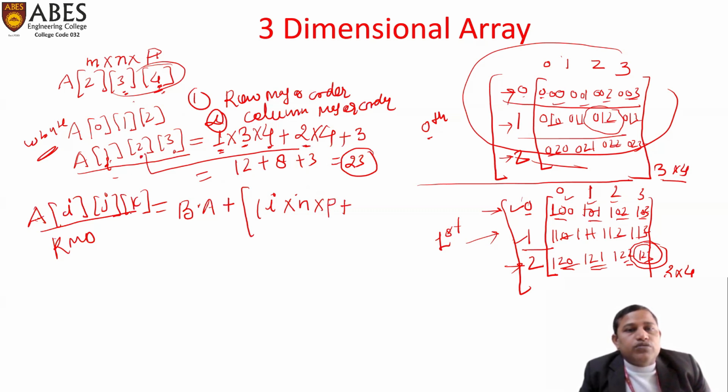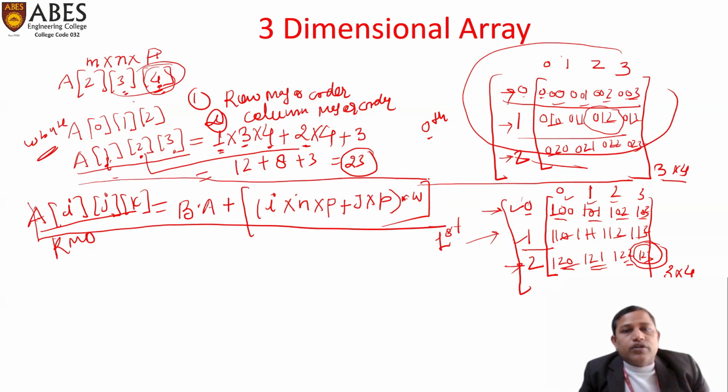That is j, j into the number of columns. Each column represents the elements, that is 4, and the columns are represented here by p. And if one element contains the size w bytes in memory, then multiply by w. So this is the formula to find the location in row measure order.